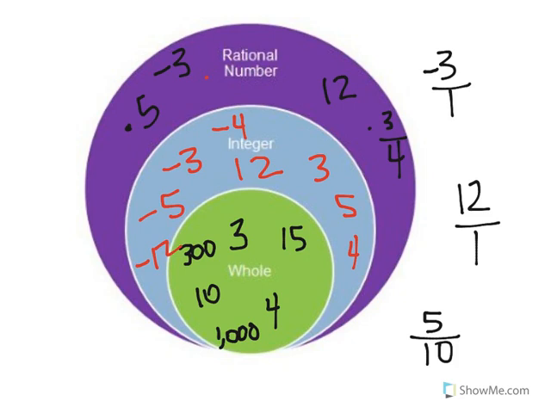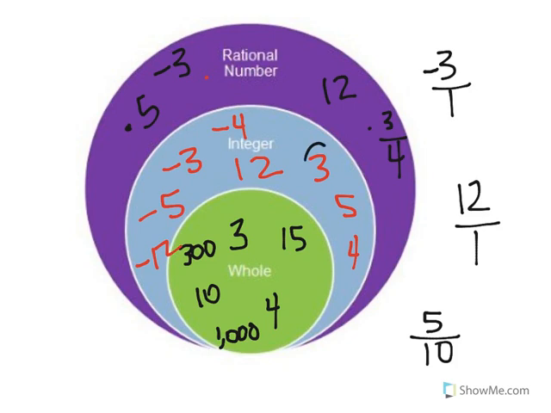All right, so I know it's kind of sloppy here, guys. Bear with me. But if you look at it, whole numbers are all positive numbers, bigger than 0. Whole numbers don't have decimals and they don't have fractions. Integers, if you look at the picture, is a number and its opposite.